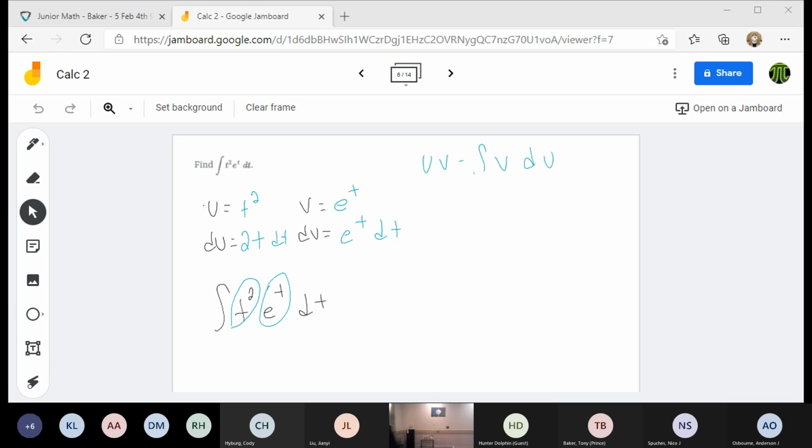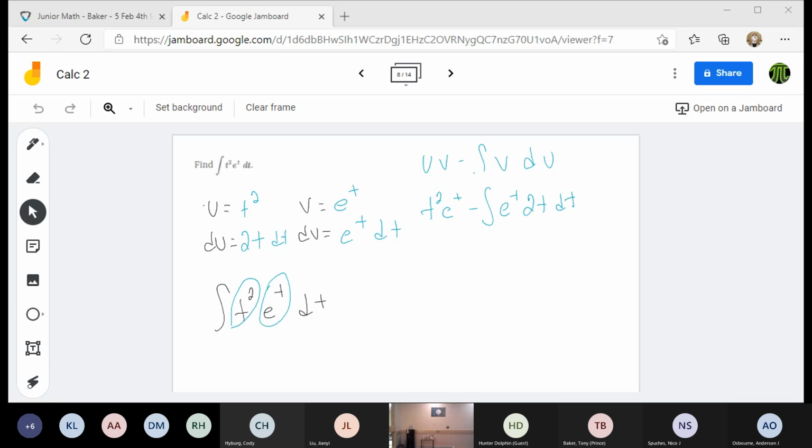It stays the exact same. So now when I plug it into my problem, I have t squared e to the t minus the integral of e to the t 2t dt.